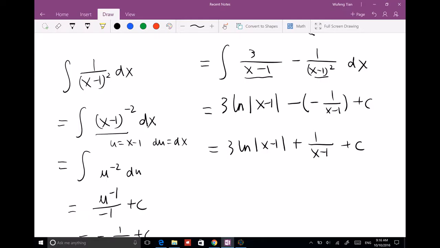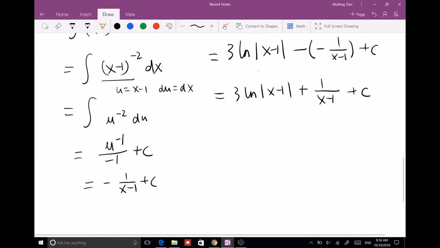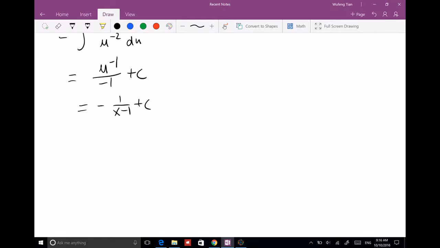We'll just do one more. Now I think we're good. Okay. So repeated quadratic factors, but it's the same.